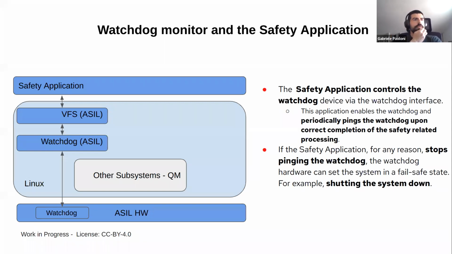Okay, so let's give it a bit of context here. During our investigation in the architecture working group, we examined the telltale use case, where we have a safety application that is working periodically to meet a certain FDTI constraint.